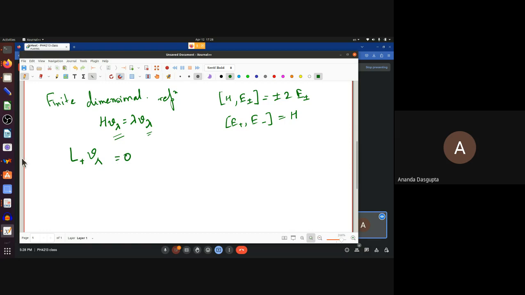Because this is something which we already have learned from quantum mechanics, that if v lambda is a state with eigenvalue small lambda, L plus minus v lambda, when you act upon by h, will actually give you lambda plus minus 2. 2 here, not 1, because of the 2 here.